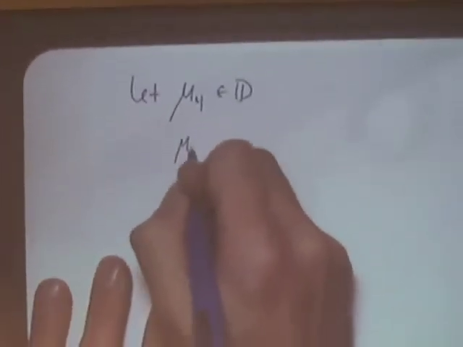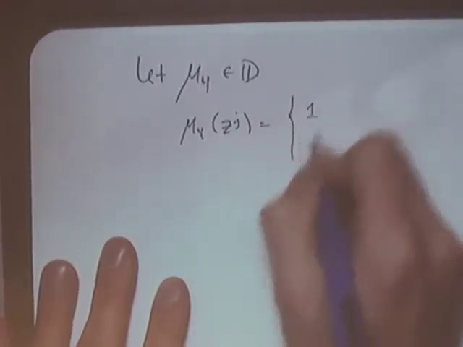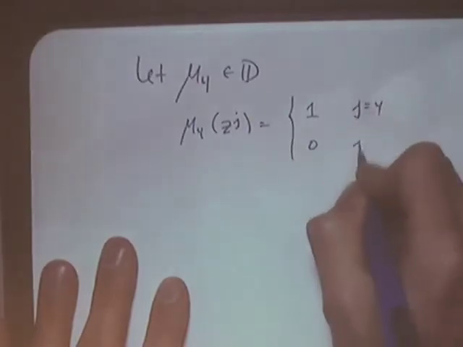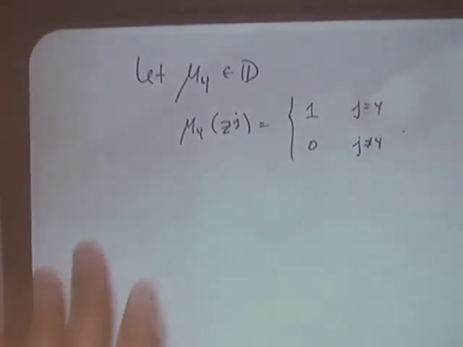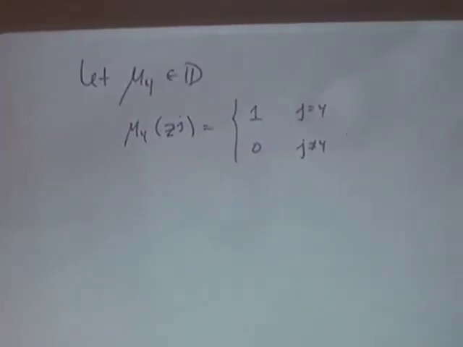If I take mu_4 and I plug in z to the j, I either get 1 or I get 0, and I get 1 when j is 4, and I get 0 everywhere else. If I think of the elements z to the j as a basis of A, then this is an element of the dual basis. So it vanishes away from z to the fourth, but it's 1 on z to the fourth.